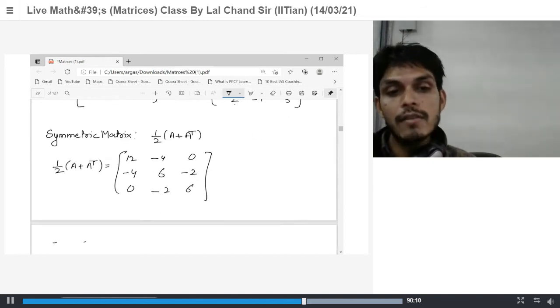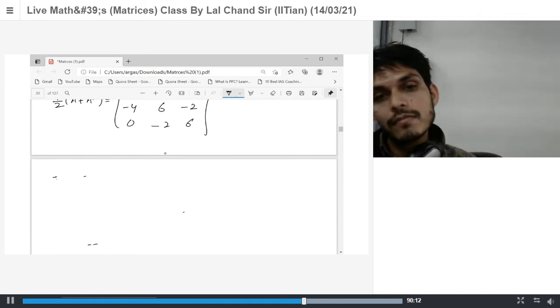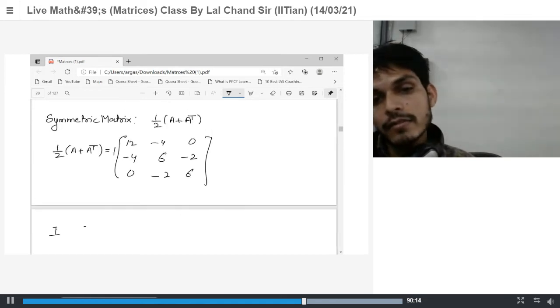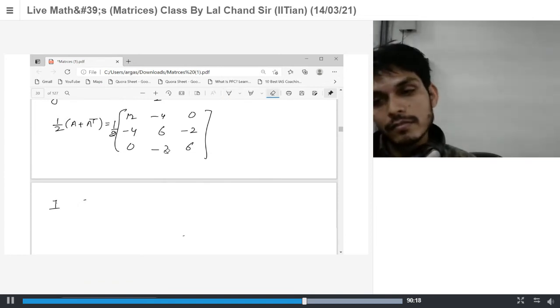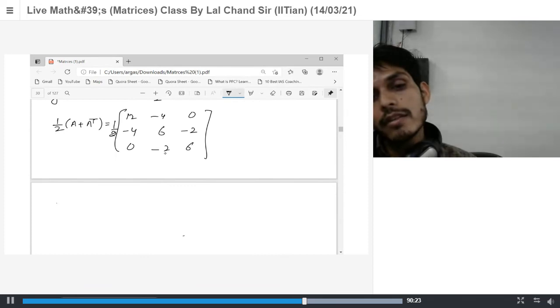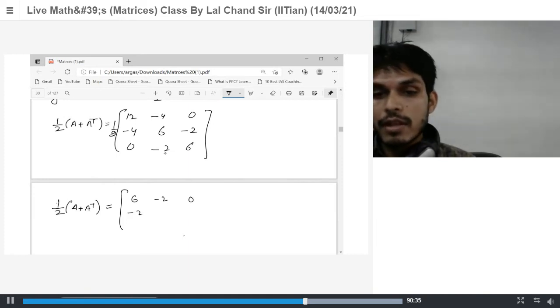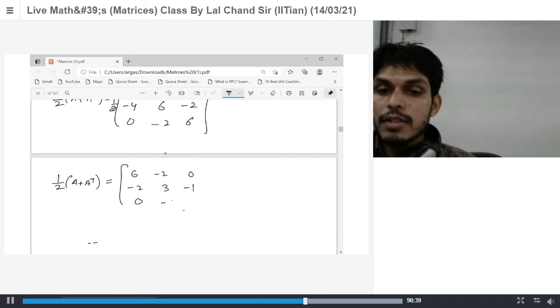So if I take half, because there is a factor of 1 by 2, then I have 1 by 2. This is finally 6, minus 2, 0. Minus 2, 3, minus 1. 0, minus 1, 3. This is the symmetric part.